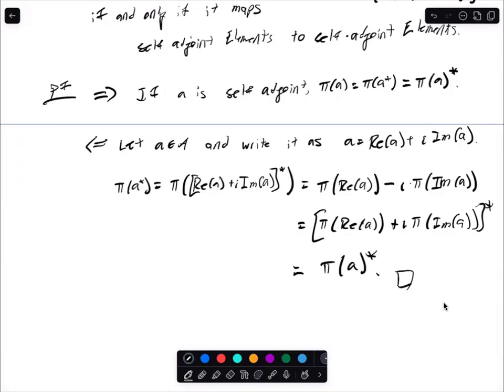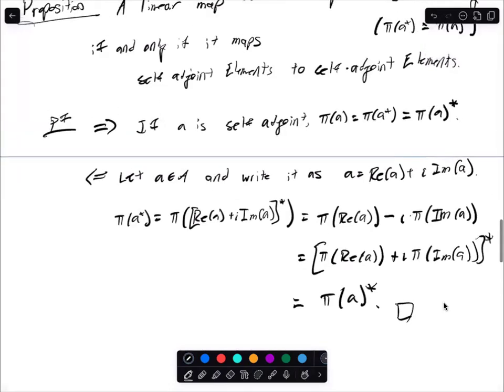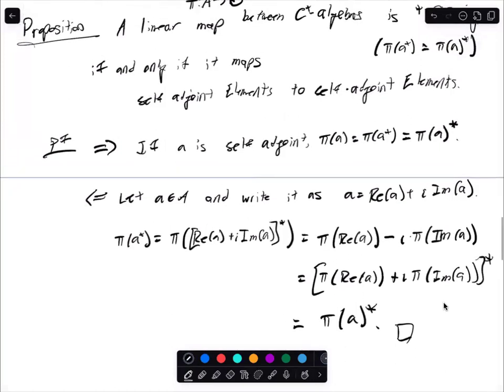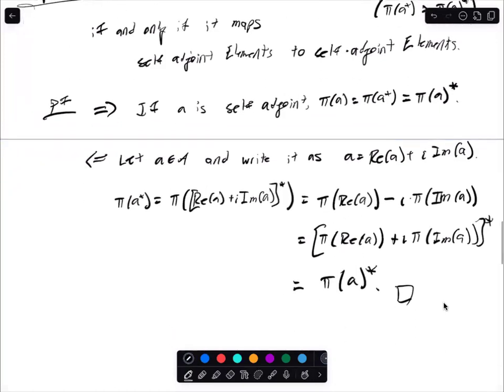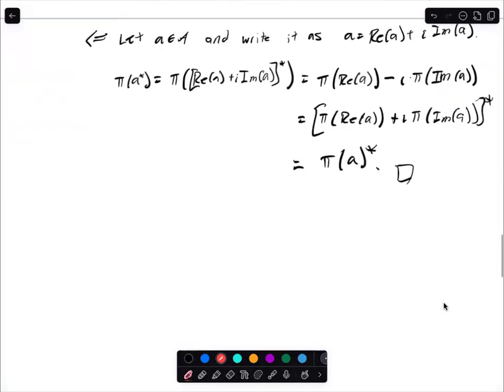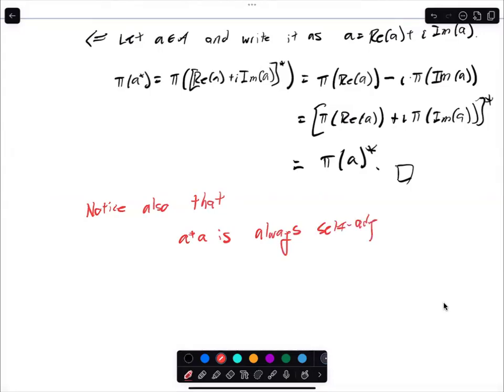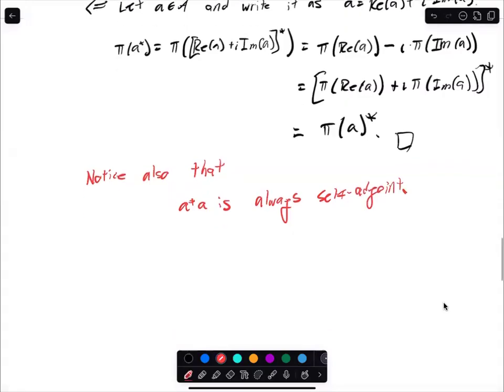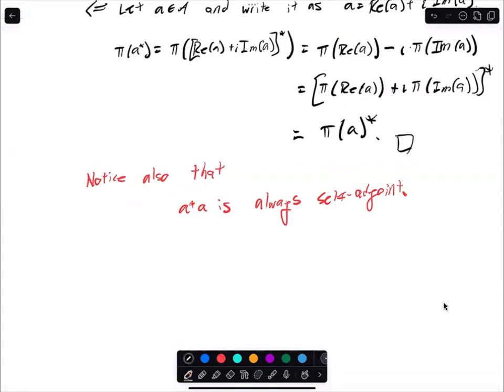So this already tells us that it's instructive to be studying at least the self-adjoint elements. And in fact, just an Easter egg for later, we can notice also that A star A is always self-adjoint. Okay, so let's go ahead and move on.